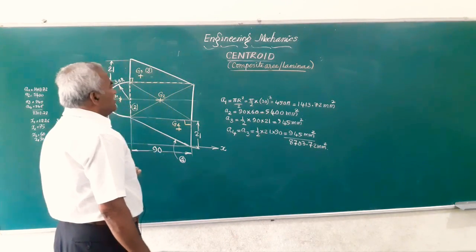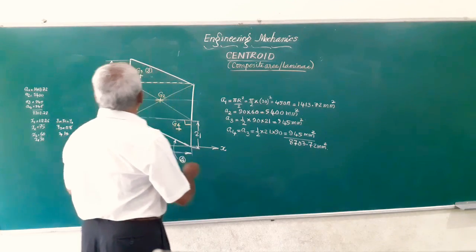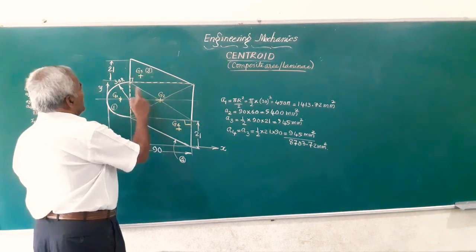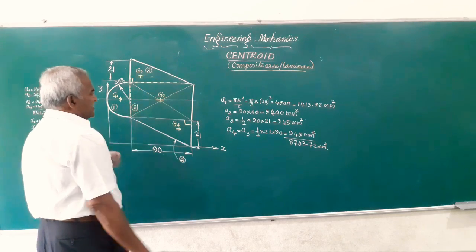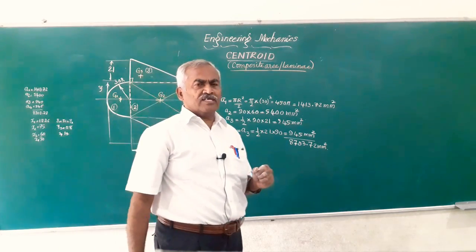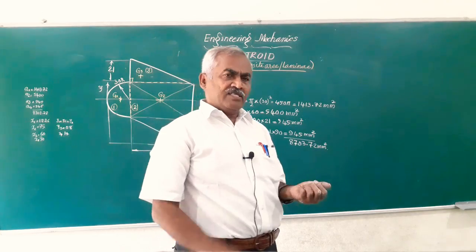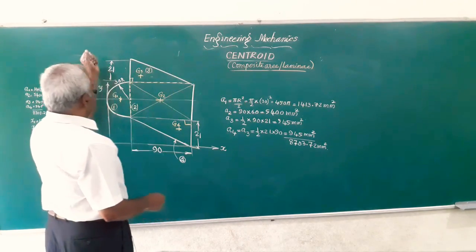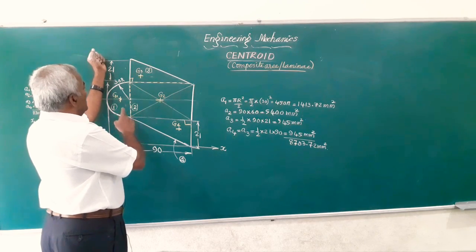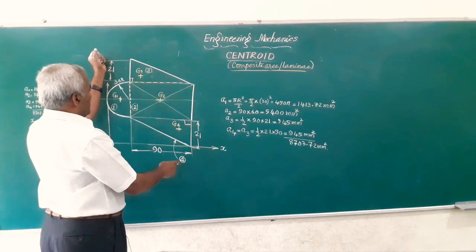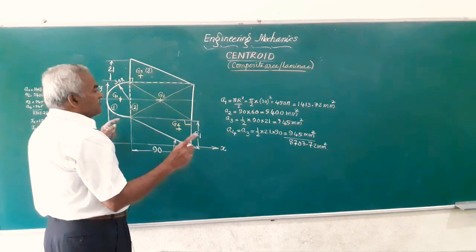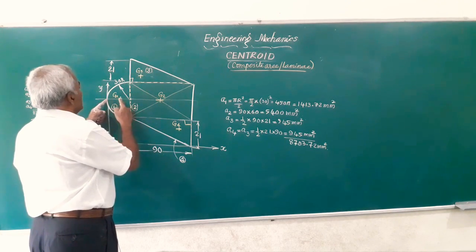Friends, to find this x bar, we need to know x1, x2, x3, x4, etc. What are these? They are nothing but the distances of the centroids of figures 1, 2, 3 and 4 from the y-axis. If I start with the first figure, we want x1.